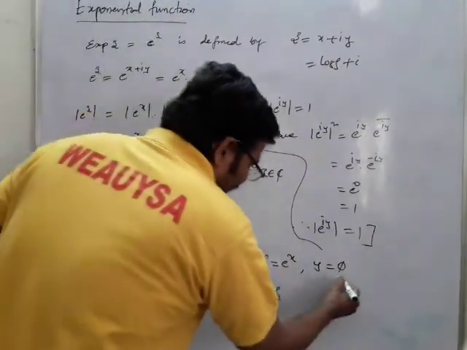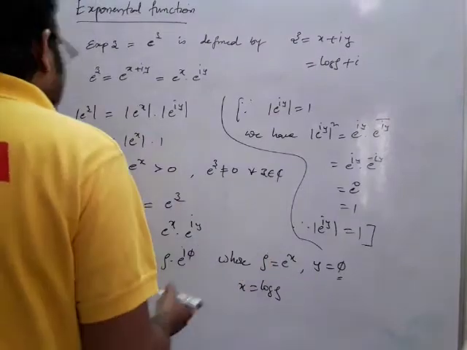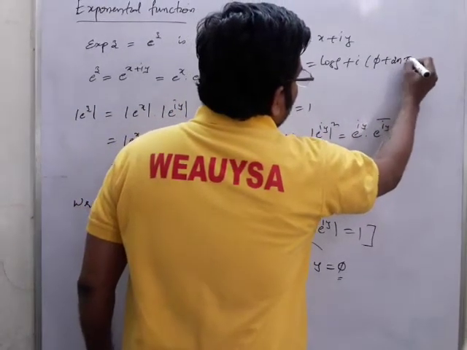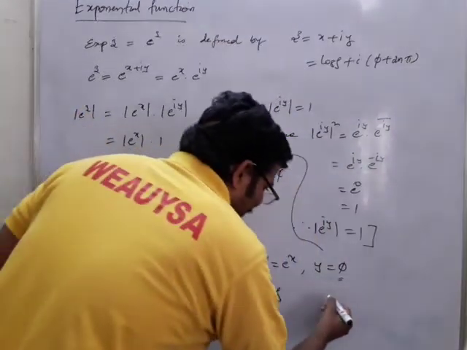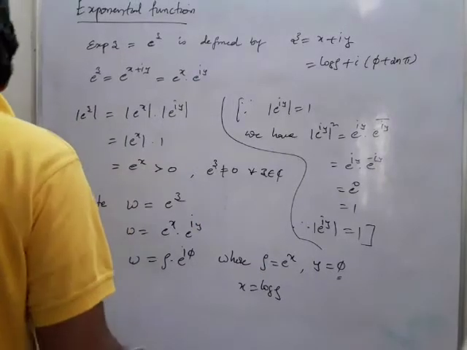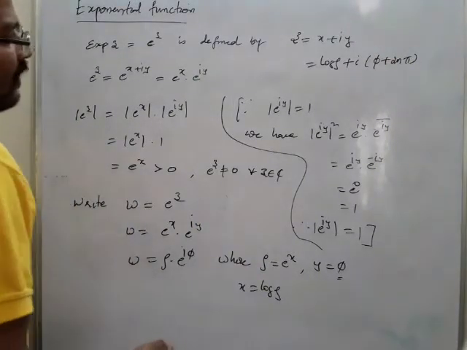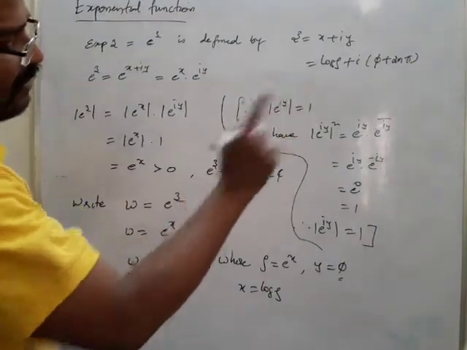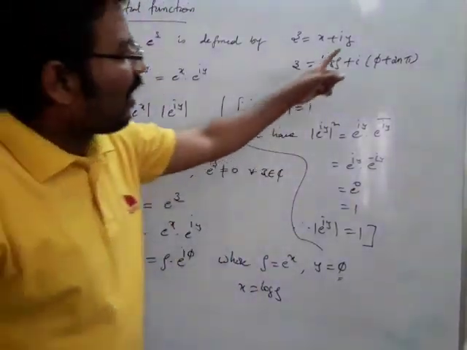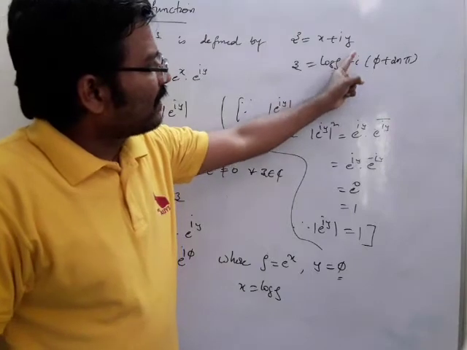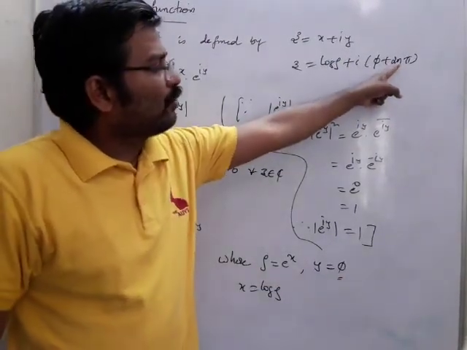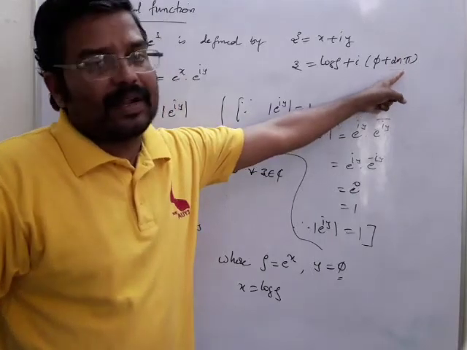Now this phi, we can take in the form of phi plus 2n pi. Because the argument is determined in the form of 2 pi, n may be equal to 1, 2, 3 and so on.